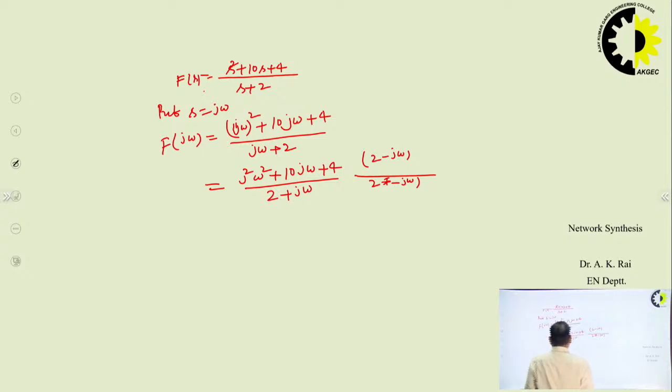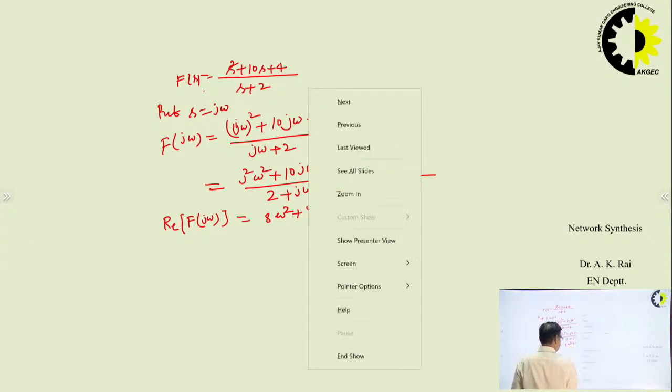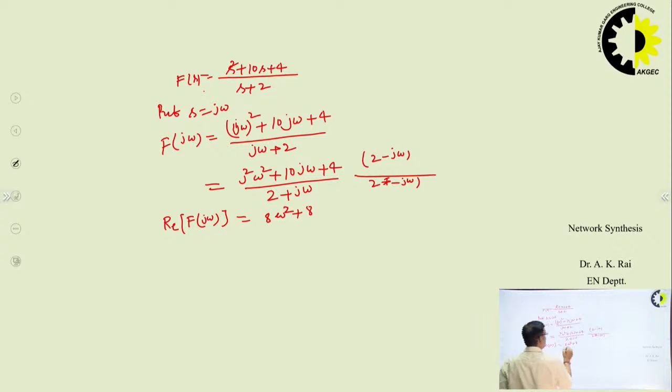If we separate the real part, then the real part of F(j omega) comes to (8 omega square plus 8) divided by (omega square plus 4). This is the real part.